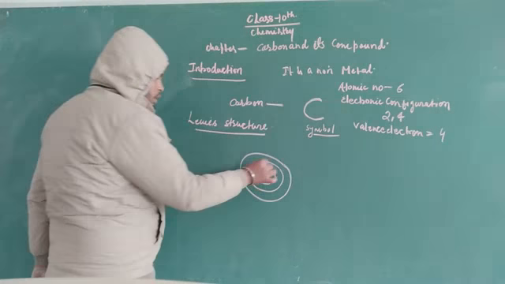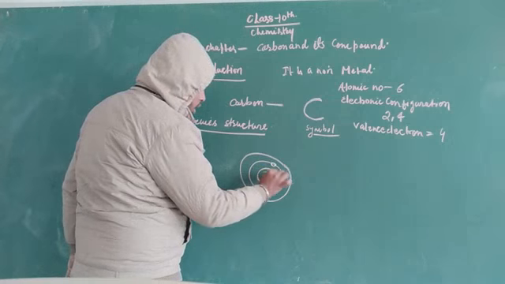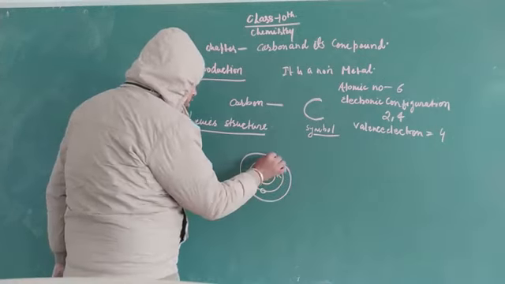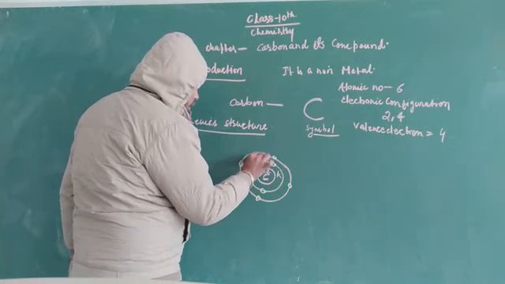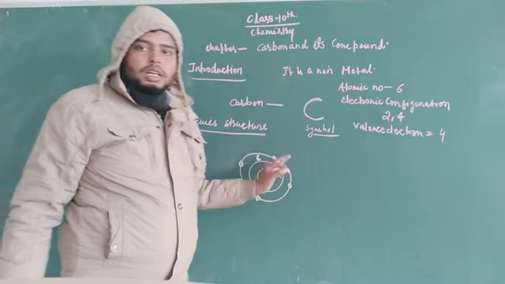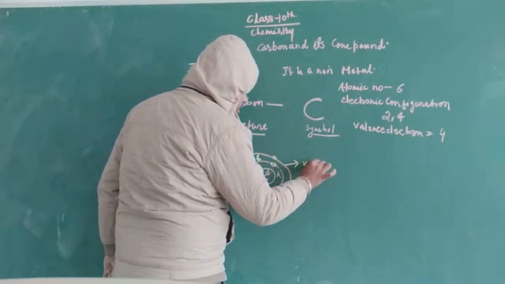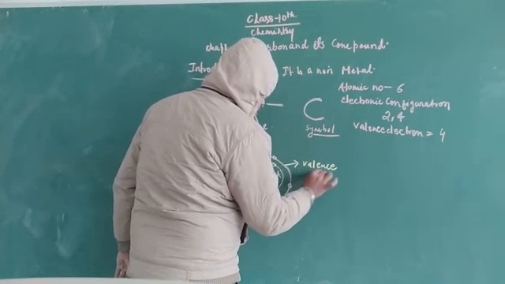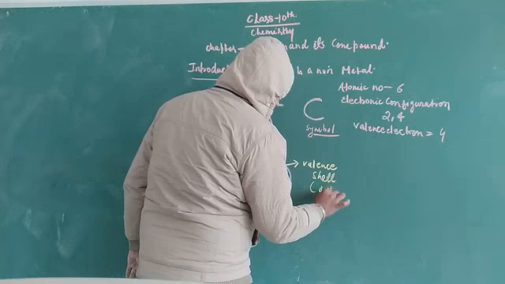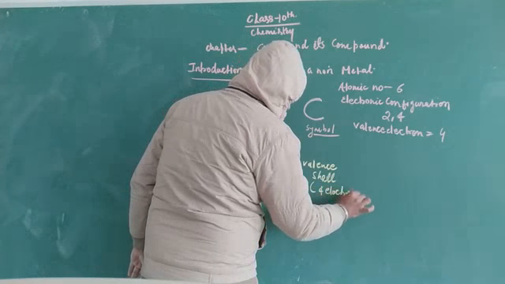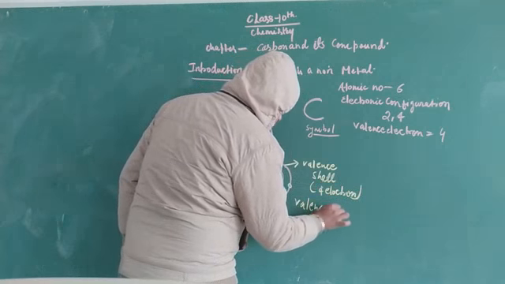When you write the arrangement, there are 2 electrons in the K shell and 4 electrons in the L shell. The L shell, having 4 electrons, is also called the valence shell, and hence its valency is also 4.